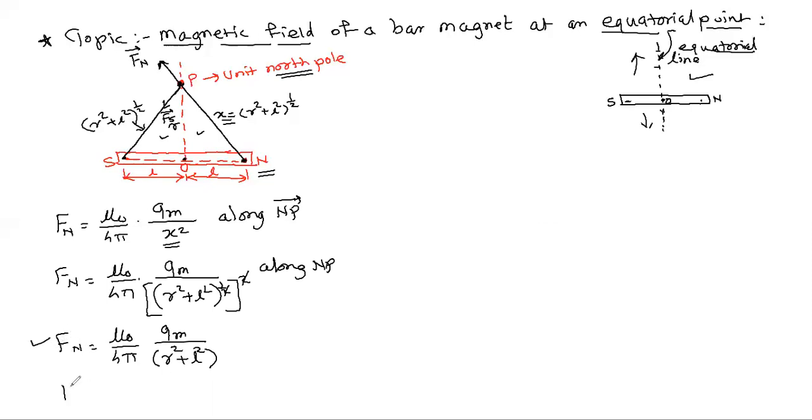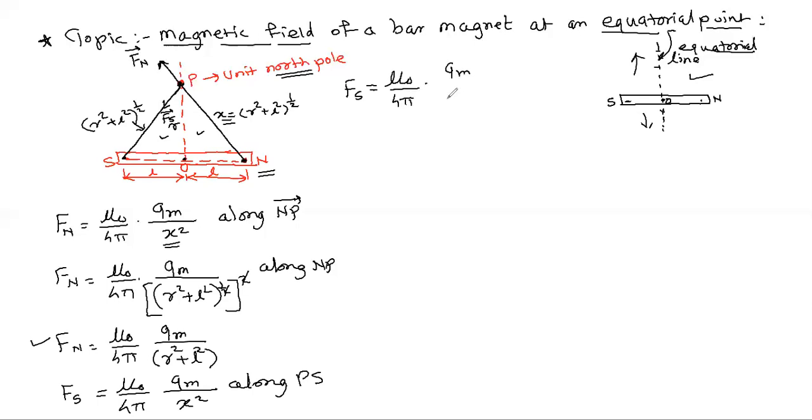Similarly, the force due to the south pole is given by mu 0 upon 4 pi Qm, where Qm is the pole strength of the south pole, upon x square, that is along PS. So I can write Fs, the force due to the south pole, is equal to mu 0 upon 4 pi Qm upon (r square plus L square) raised to 1 by 2, whole square.